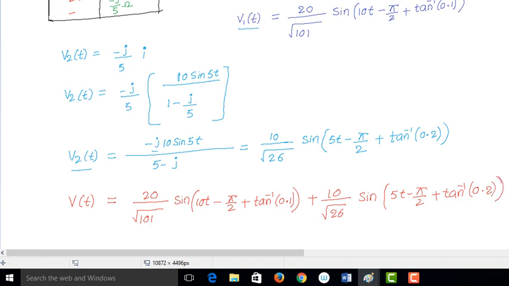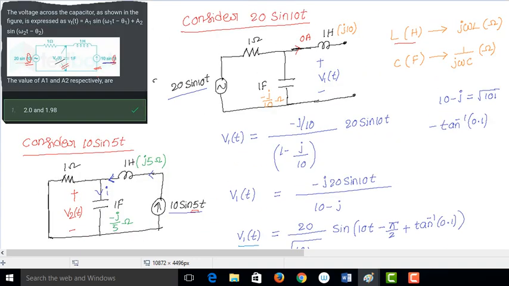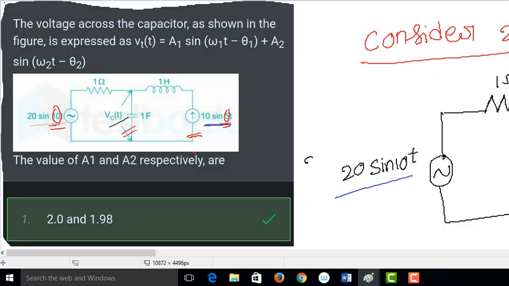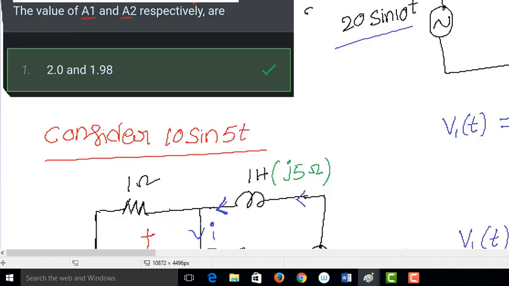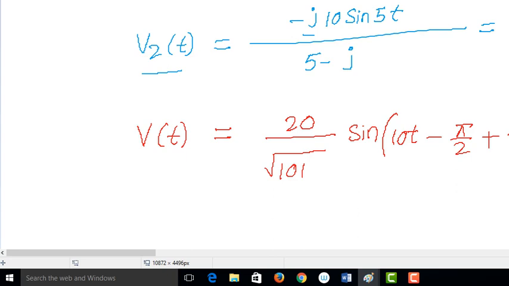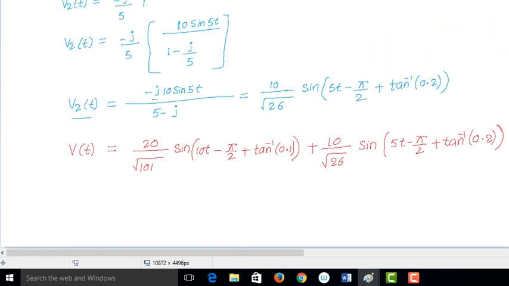Now see this problem: in this case they ask me to find only a1 and a2. These a1 and a2 are nothing but coefficients. Let us say this is my a1 and this is my a2.